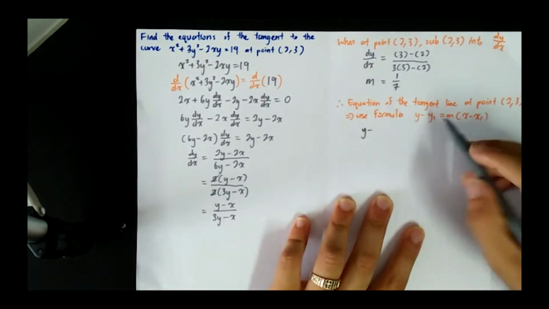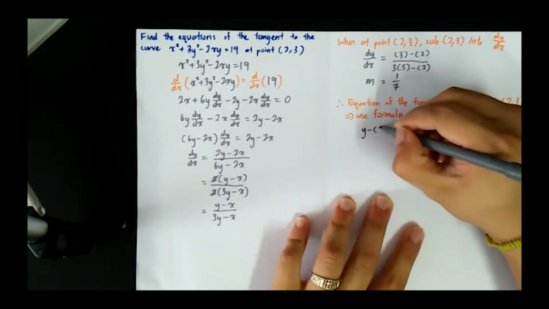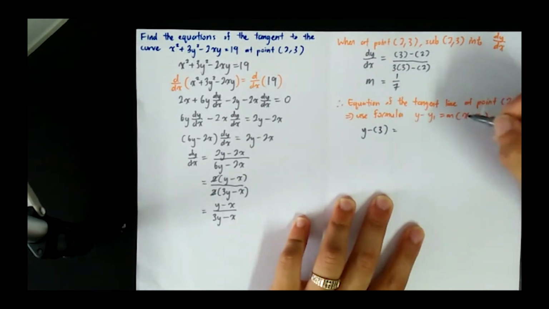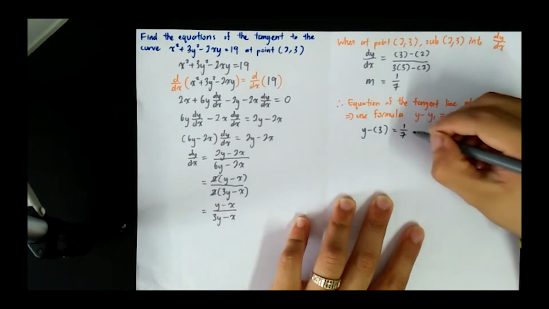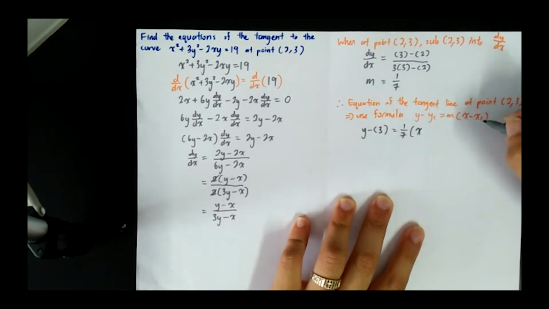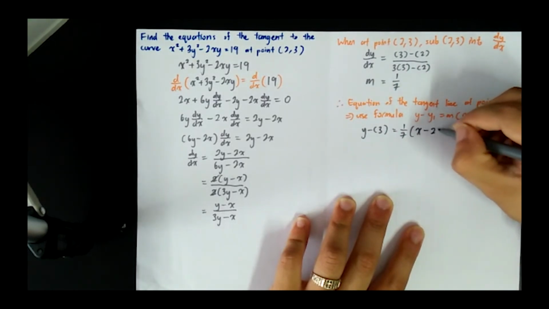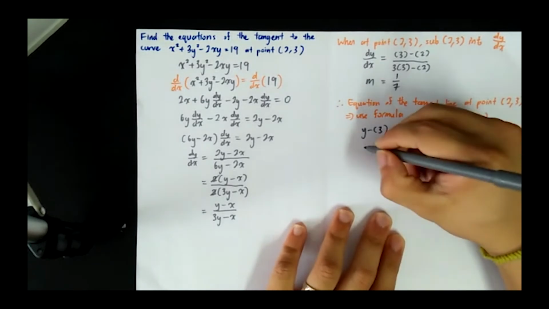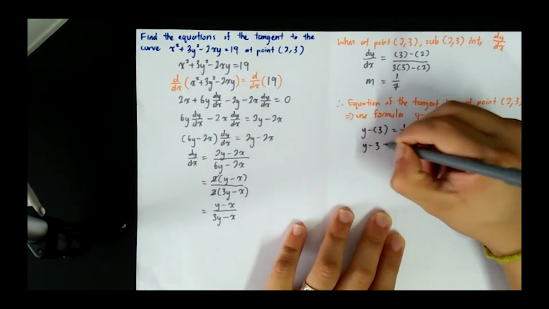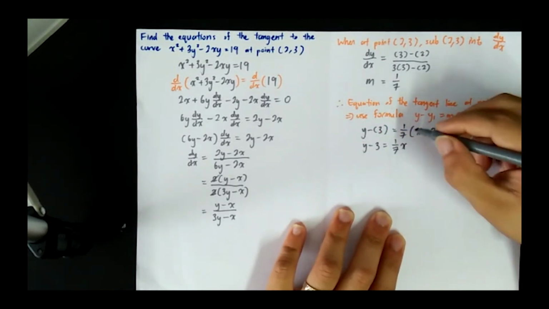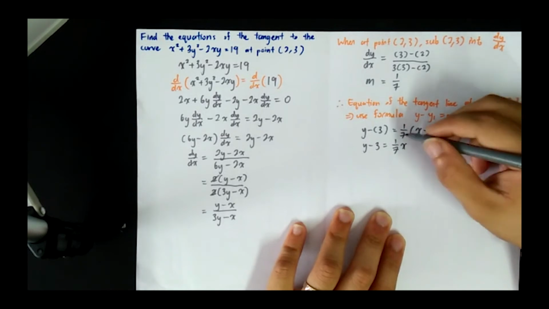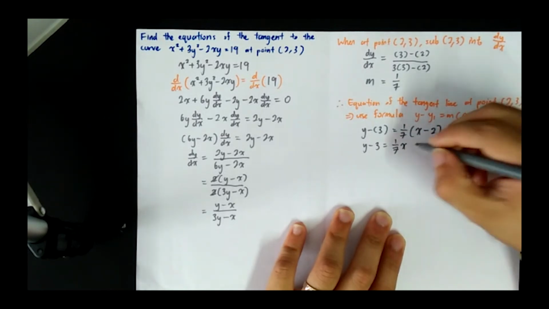This y1 is 3, this m is from this m, and x1 is from this 2. Going to multiply this into this.